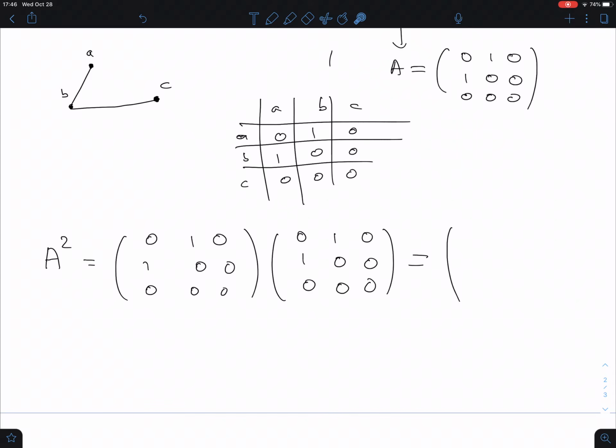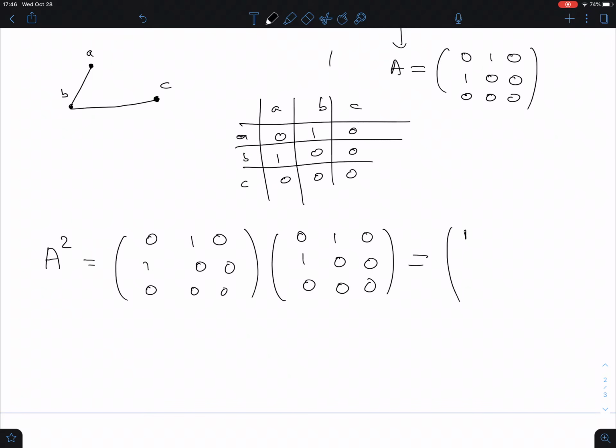Remember how this works. To calculate each of these 9 entries, because these are 3 by 3 matrices, we have to go through the corresponding row and the corresponding column. So for the first element, we go through this row, and simultaneously this column, and multiply the corresponding entries, then add them all up. So this would be 0 times 0 plus 1 times 1 plus 0 times 0, so 1.